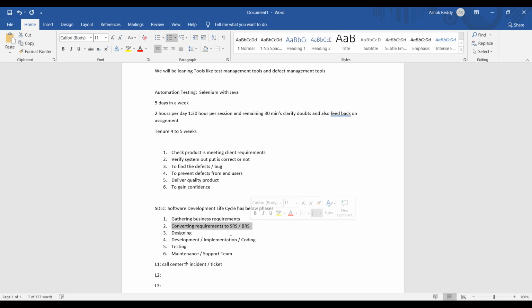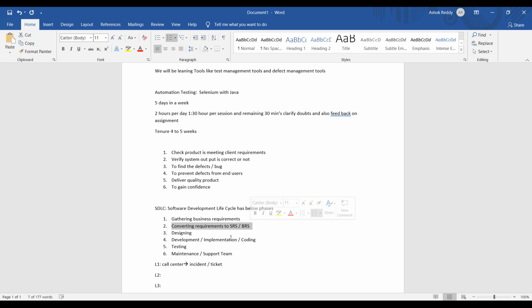And all of a sudden the power goes off, and then it should not go off and should start immediately. Say it is not possible to implement, which is completely out of scope for the software. So we may not be able to convert everything in the business requirement into the SRS document.